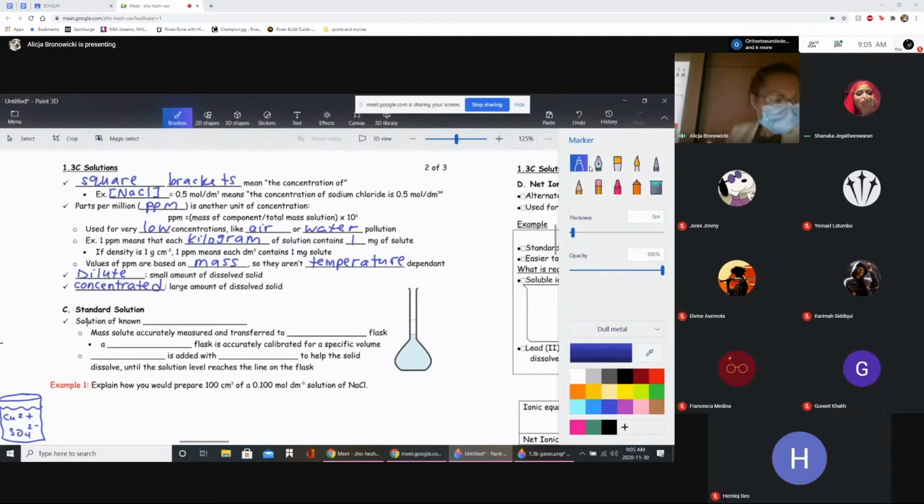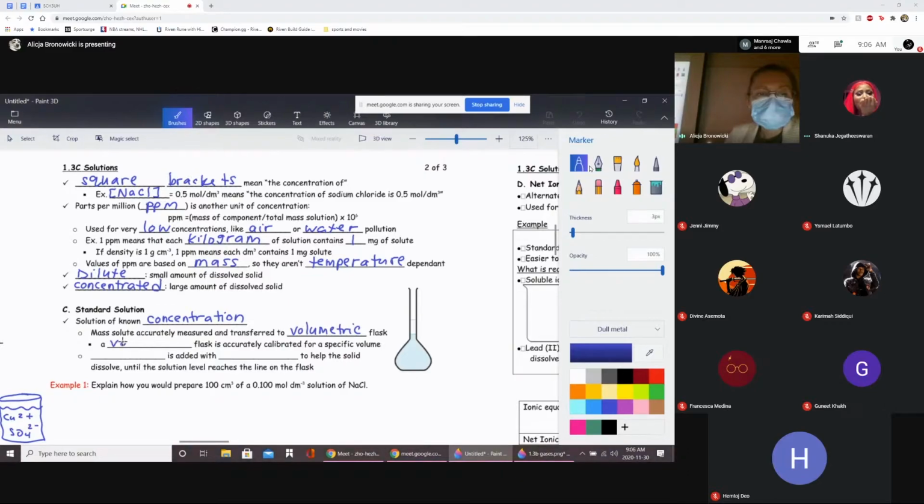Okay, so a standard solution, that is a solution of known concentration. Okay, the mass of the solute is accurately measured and transferred to a volumetric flask.